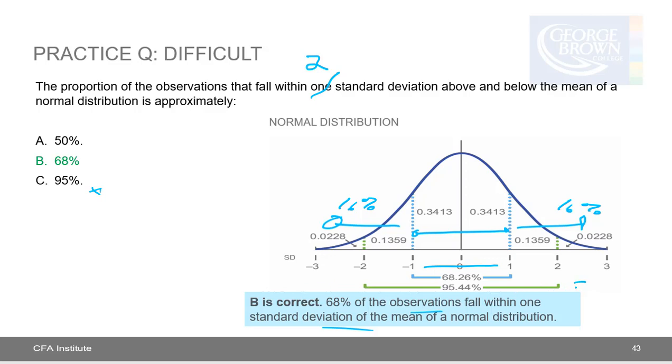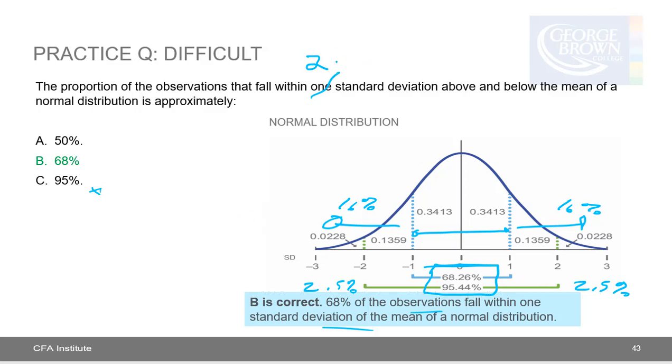So the right-hand side would be approximately 2.5% and the left would be approximately 2.5%. But the two most important numbers with regard to a normal curve are that 68% of the observations fall within plus or minus 1 standard deviation, and 95% of the observations fall within plus or minus 2 standard deviations, okay?